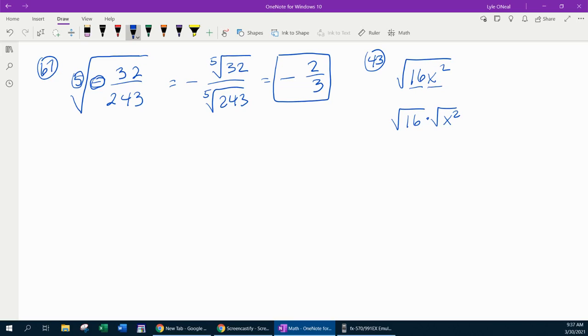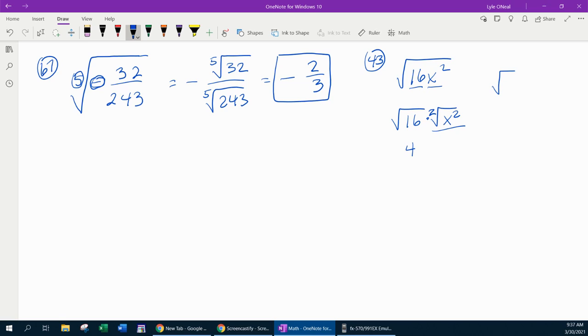So the square root of 16 is easy. That's 4. 4 times 4 is 16. And this is where I'm going to need to remind you that when the index is not shown, it's understood to be a 2. And now we're going to simplify this part. Now there is a property here that you need to be aware of.